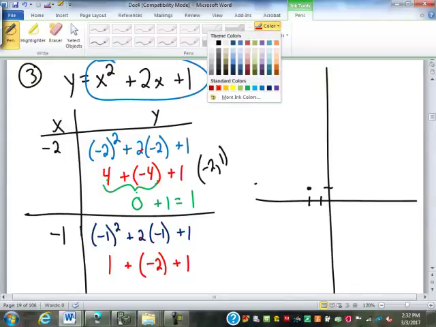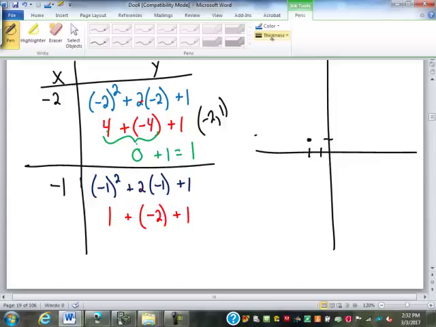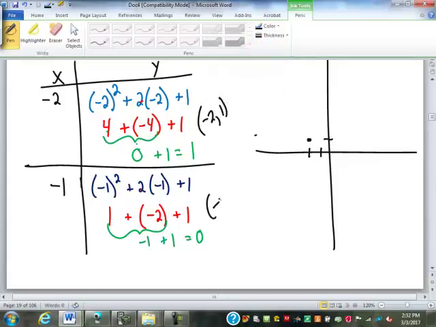We got the plus 1. So what is 1 plus -2? -1, and -1 plus 1? 0. So when x is -1, y is 0. So x is -1, y is 0. That's right there.